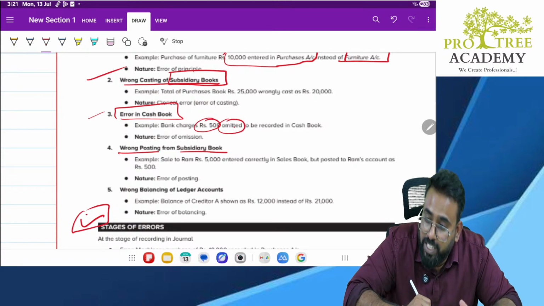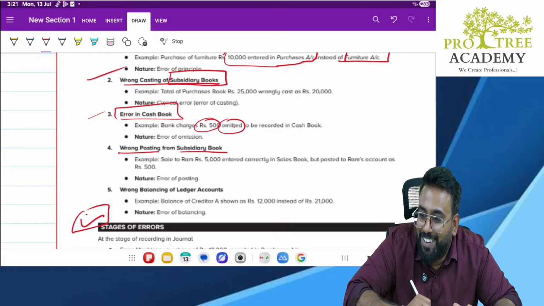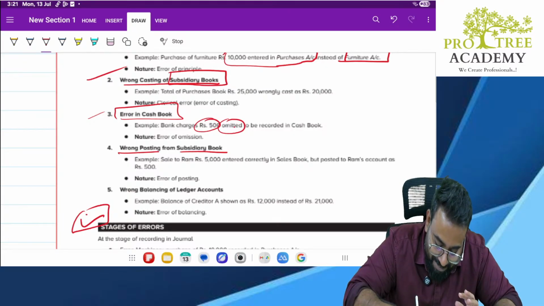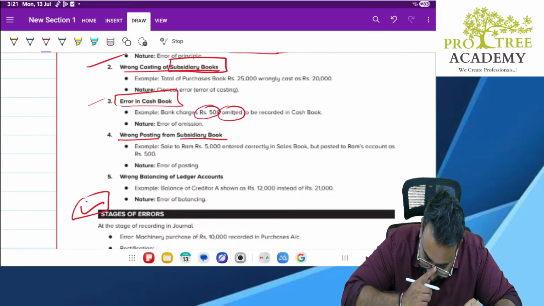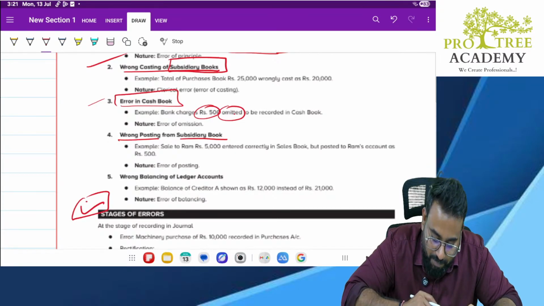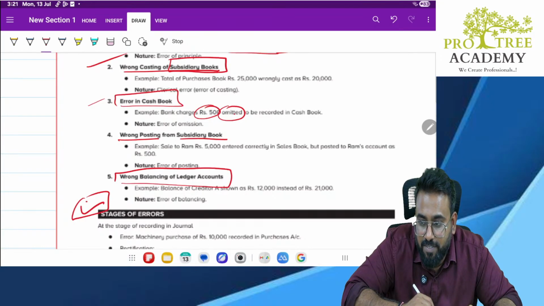Or instead of posting it to Ram, you have posted to Ravan. Correct or no? Next is wrong balancing of ledger account. Instead of writing 12,310, you have written 12,130. Quite common.